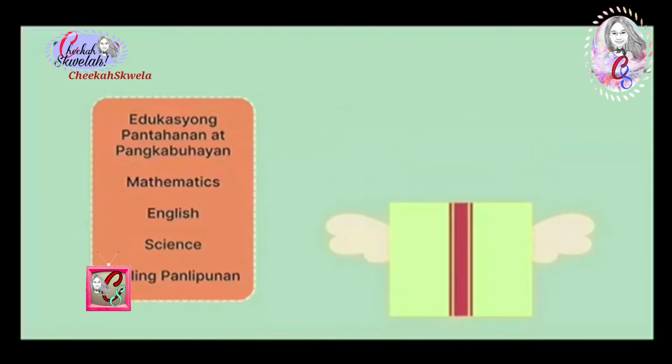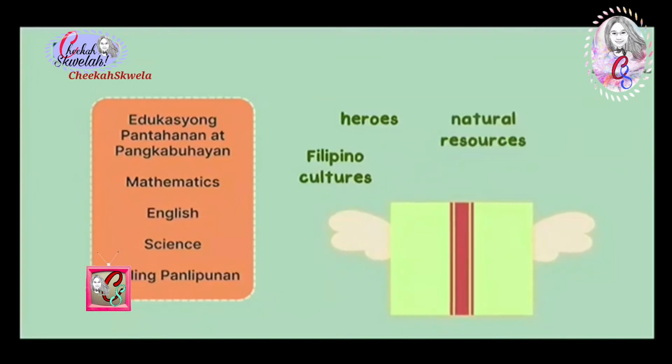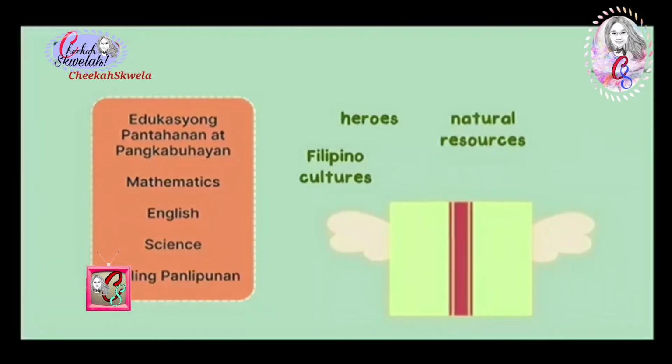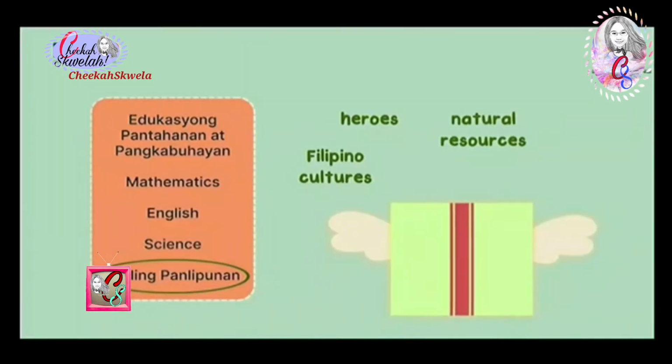For the second group of words, I have heroes, Filipino cultures, and natural resources. Can you help me identify the subject where I learned those topics? I think we have the same answer, and that is Araling Panlipunan. We can learn about heroes, Filipino cultures, and natural resources in the subject Araling Panlipunan.